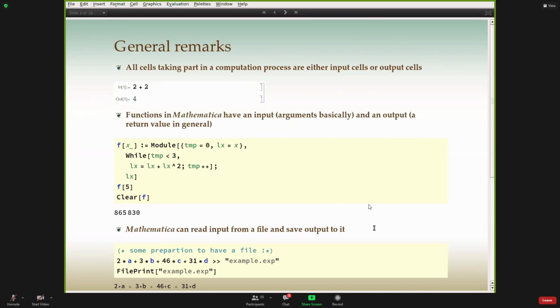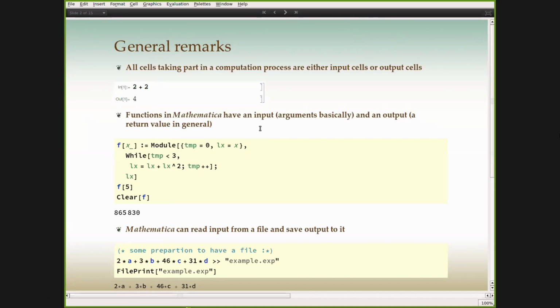So in general, you have probably already noticed, especially from the short introduction given in the Wolfram Cloud, that everything in Mathematica which is taking part in a computation is either an input or an output, and that these elements are somehow grouped together.